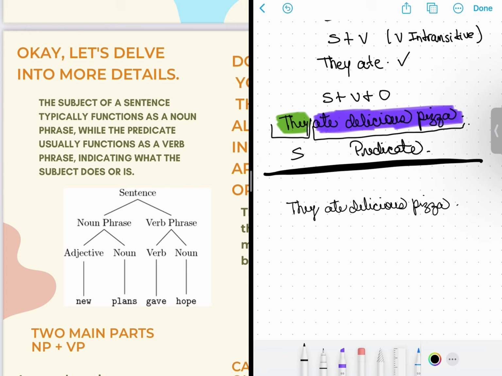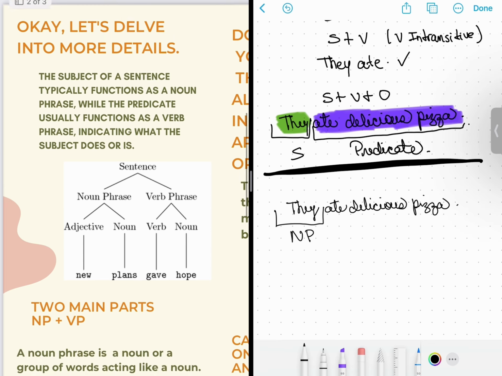A set of words, sometimes adverbs, sometimes adjectives, that give extra information about a noun, right? So in here, now we're going to call this NP. While the predicate usually functions as a verb phrase. We know that.